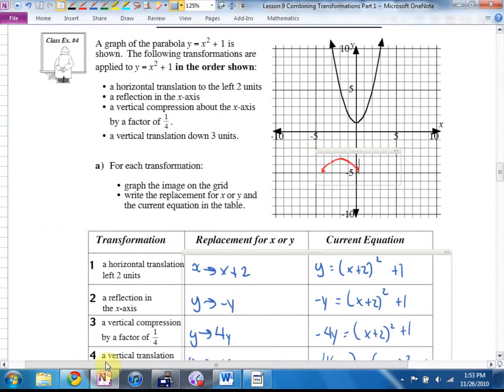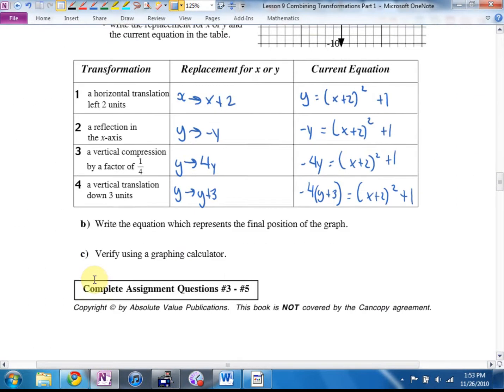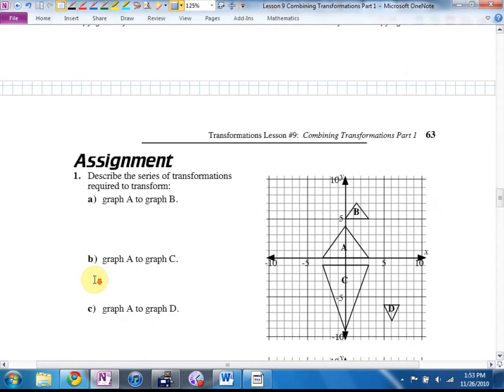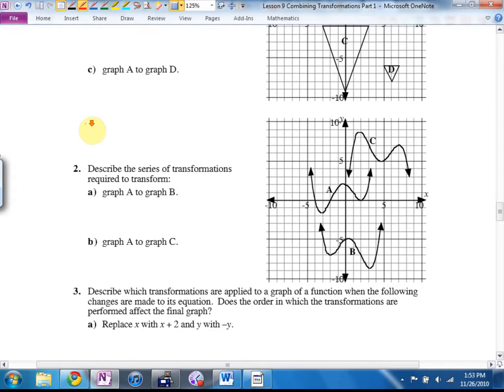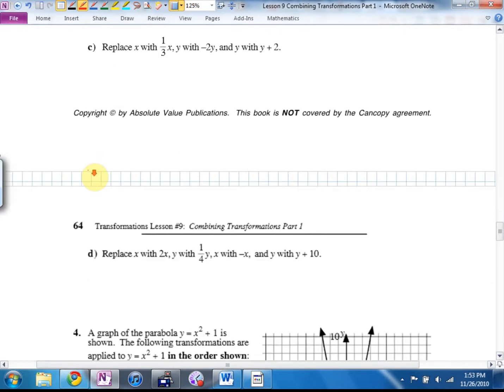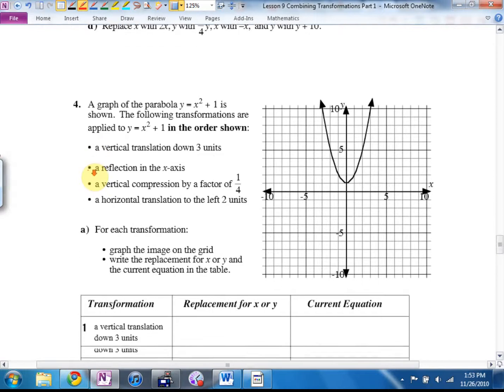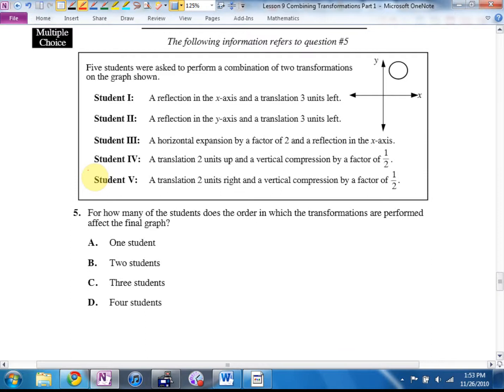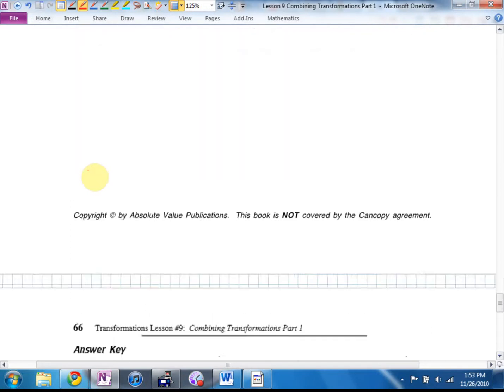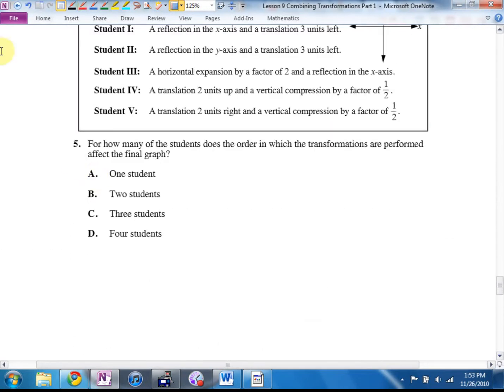Now, we followed their order. Okay? Homework part number 1. Number 1. 2 is good. I'm just going to go with 1 and 2, and we're going to jump to lesson 10.